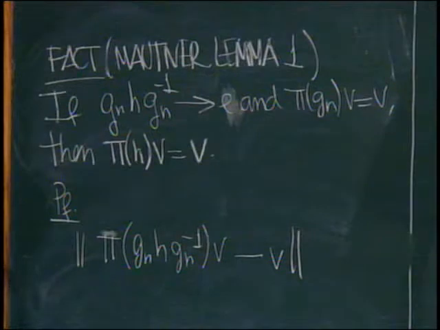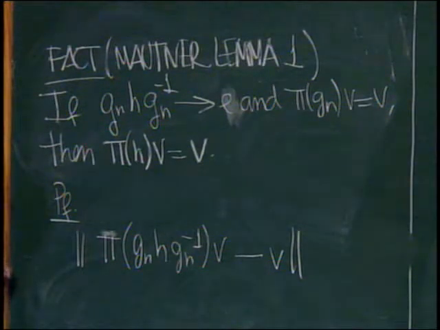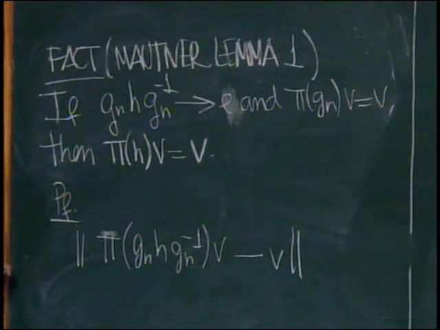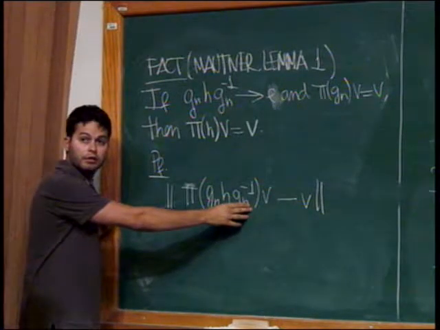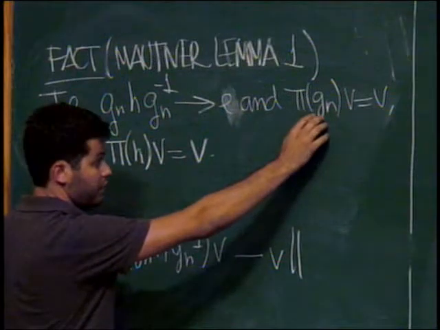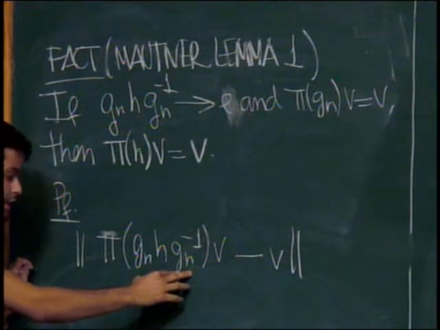But before using that, let's rewrite this in a better form. Let's try to clean the G_n's from one side and from the other side. To clean the G_n from here is very easy. Why? Because if G_n fixes V, G_n to the minus 1 also fixes V, because you have a group action.